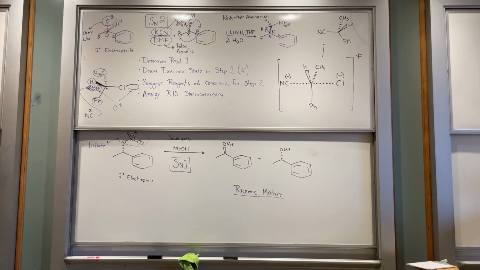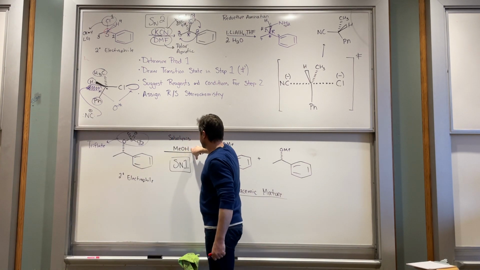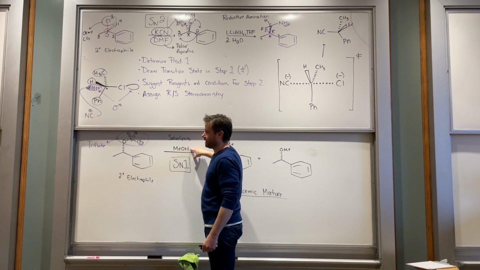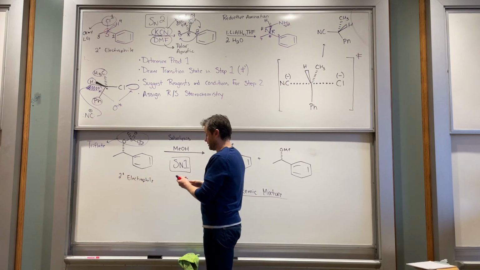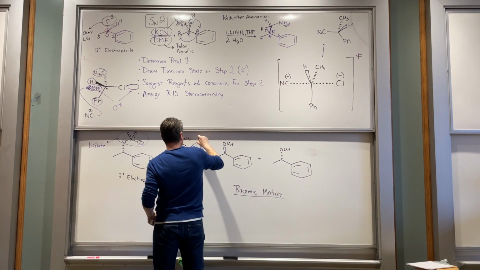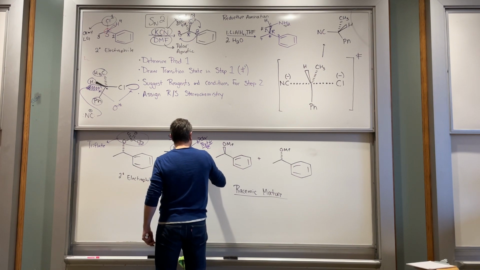So do we know it's SN1 because it's solvolysis or because it's a crappy nucleophile? So it's kind of all of these, right? So the fact that methanol can be the nucleophile and the solvent, so it's a polar protic solvent. It's also a poor nucleophile.